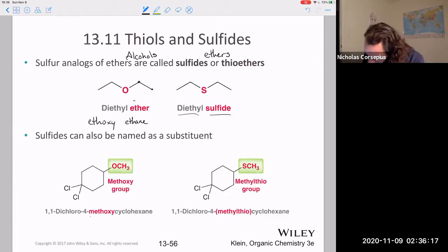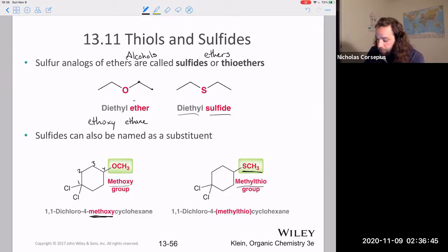Remember that in the IUPAC names, we referred to these groups as ether substituents, so a 1-carbon one was a methoxy. So this would be 1,1-dichloro-4-methoxycyclohexane. When it's instead the sulfide group, it's a methylthio group.